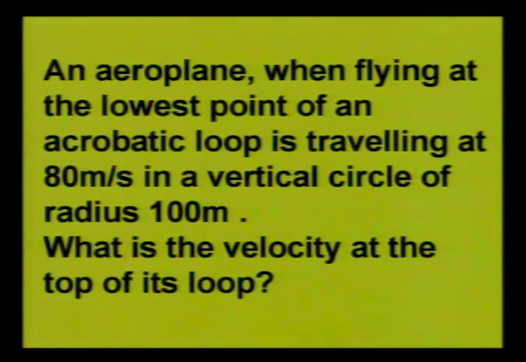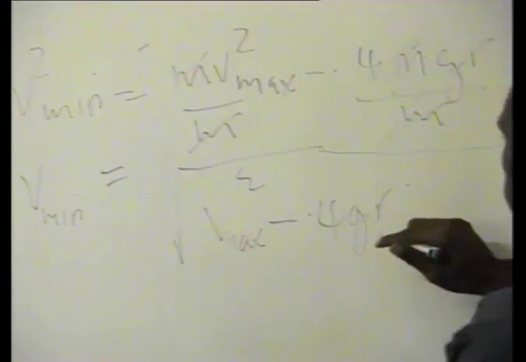What is the velocity at the top of the loop, traveling at 80 meters per second in a circle of radius 100? Okay, that is correct. All right, just placing in those figures into that equation, v square equals to v square maximum minus 4gr, and then you get your answer.